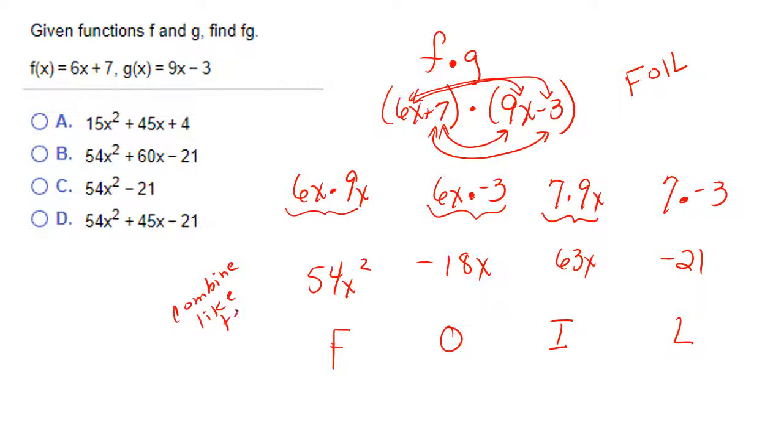They will normally be the two terms in the middle. A negative 18x with a positive 63x will give me 45x. Then I will bring down the 54x squared, and the minus 21. And I see that my answer choice is answer D.